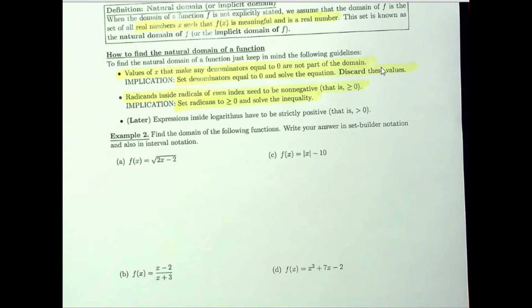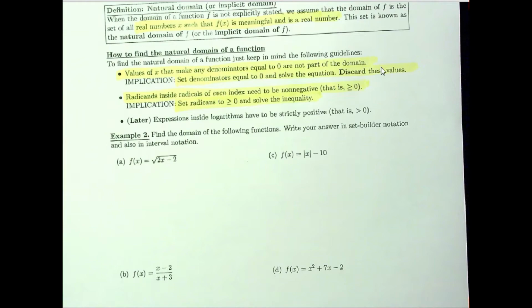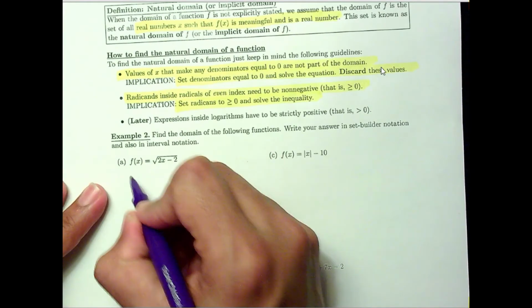Okay, so starting with the first one, this one right here. Find the domain of that. Well, we have to go through both bullet points systematically. Starting with the first bullet point, if there are fractions, you set the denominator equal to 0. Well, there are no denominators, so the first bullet point does not apply. So we skip it and go to the second bullet point. The second bullet point says if there are radicals of even index, which there is, then you need to set the inside bigger than or equal to 0.